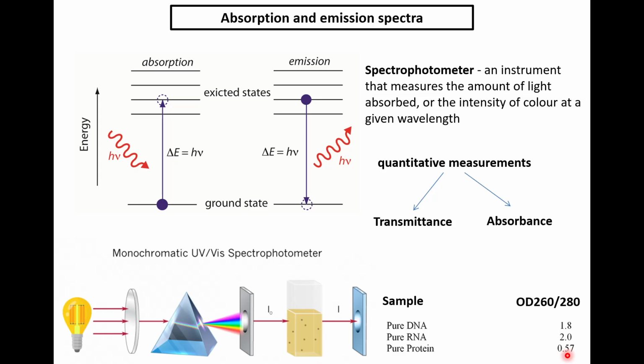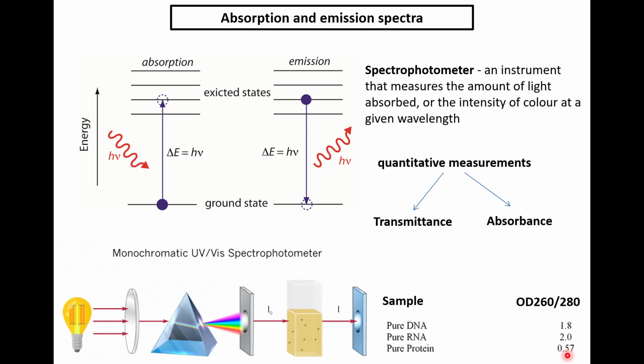Because in DNA, the nitrogenous bases which absorb the 260 nanometer wavelength are embedded inside the double helix, and they are not much exposed to the environment, so they absorb less 260 nanometer light as compared to RNA, where the nitrogenous bases are more exposed. So they will absorb more 260 nanometer light as compared to DNA.